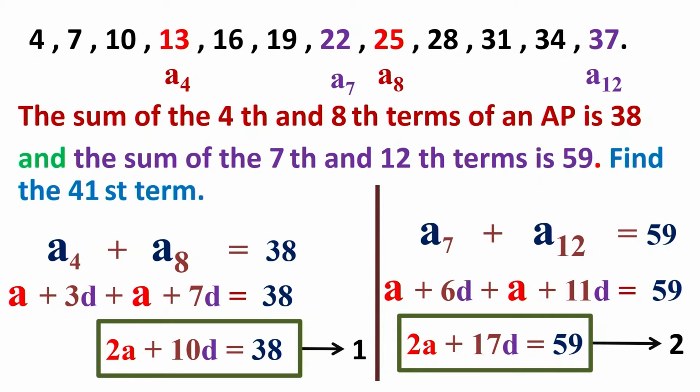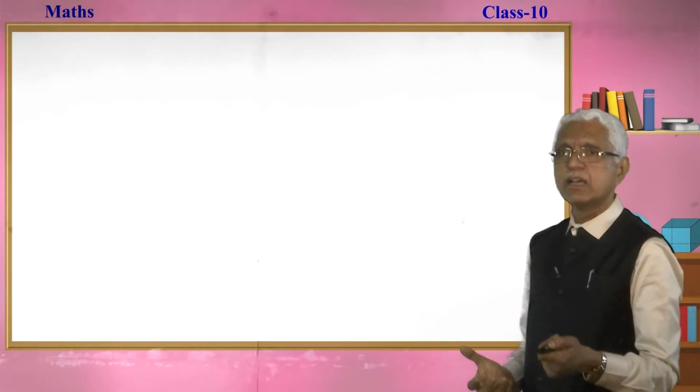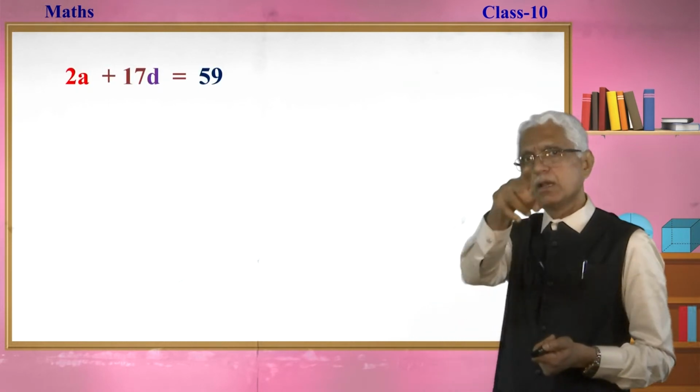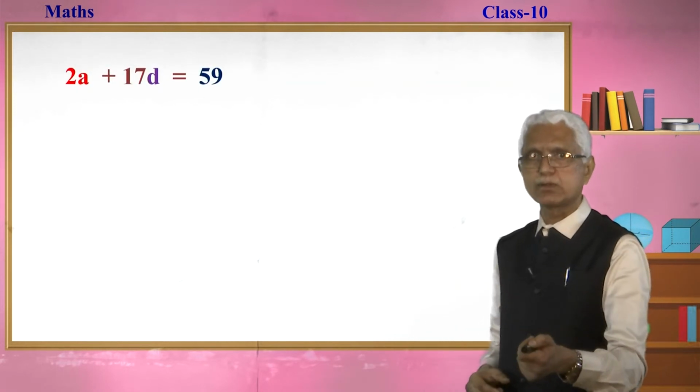You have got two beautiful linear equations. 2A plus 10D is equal to 38. 2A plus 17D is equal to 59. Catch hold of these two linear equations. Solve them. You will get D, either D or A. You can eliminate anything. We shall see which one is more convenient. First, let us write both the equations. One equation is 2A plus 17D is equal to 59.